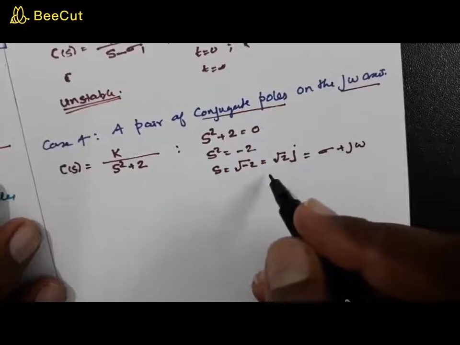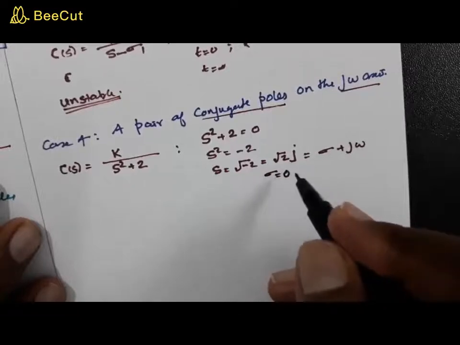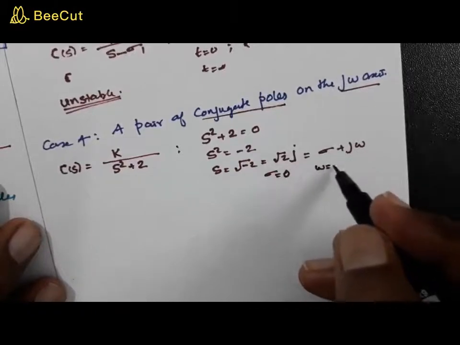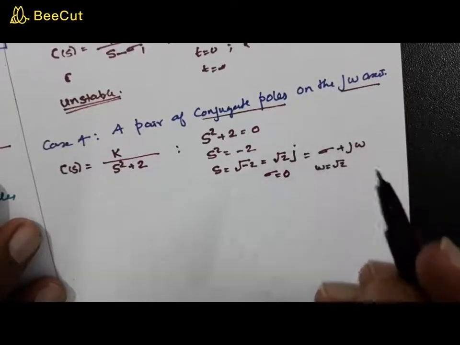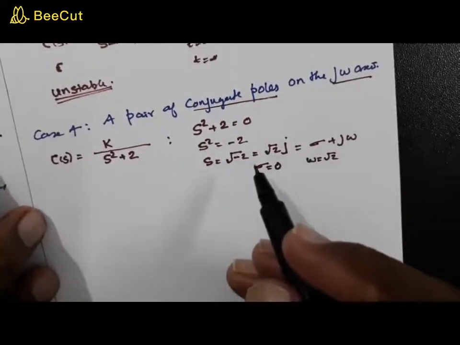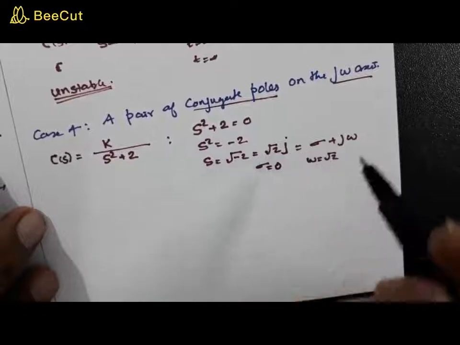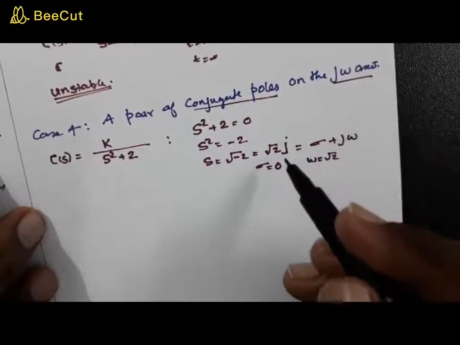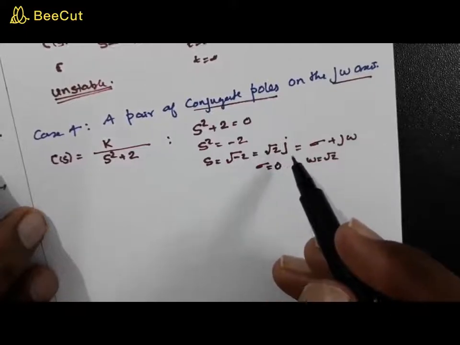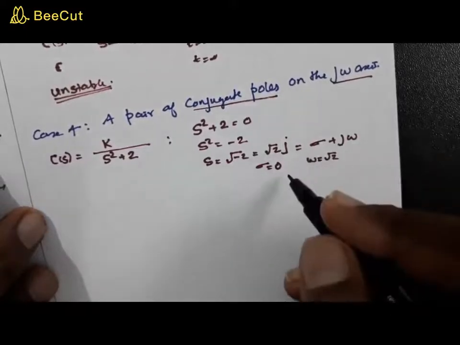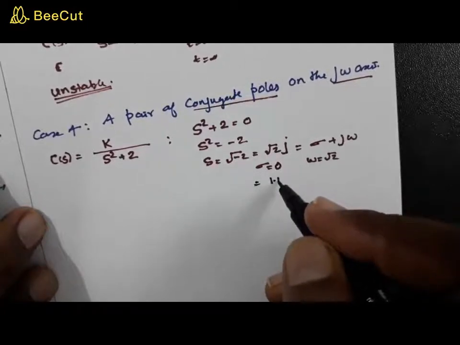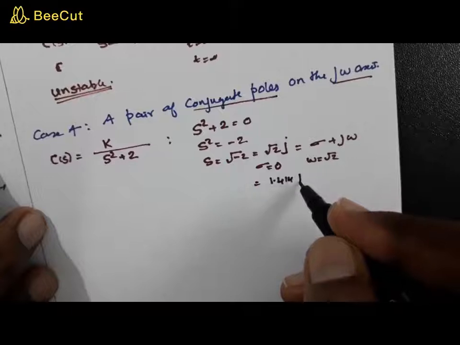What do you conclude from this? Here sigma is equal to 0, while omega is equal to root 2. Such a pole is on the j omega axis at the point root 2 j, meaning 1.414 j.